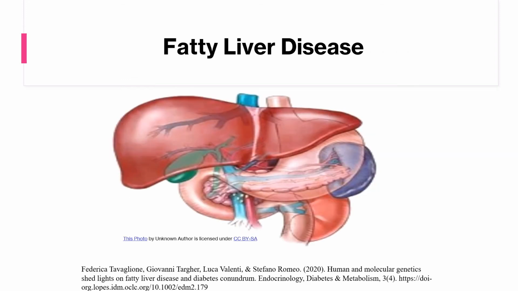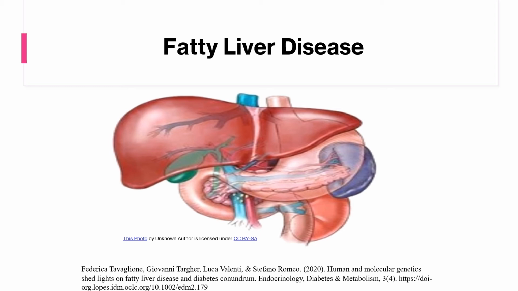We are now going to shift our focus onto another disease that is associated with human genetics. While doing my research, I found this topic to be interesting because most people don't associate this with human genetics.